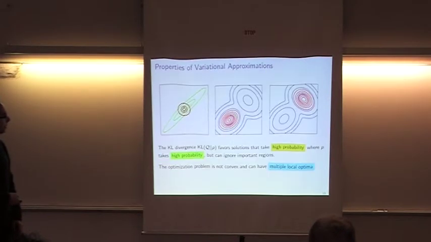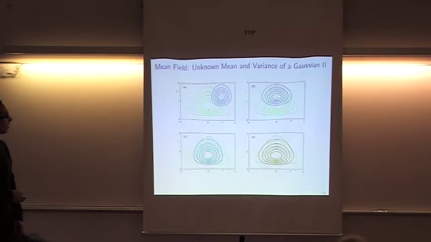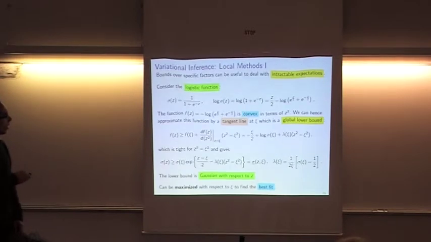That's what is done by local variational methods. They introduce some bounds over specific factors in the joint that can be useful to deal with intractable expectations.